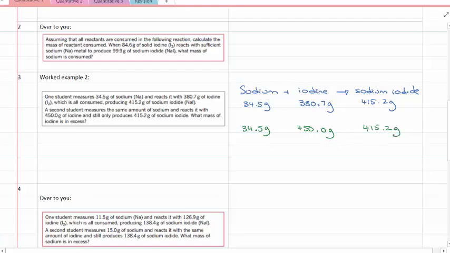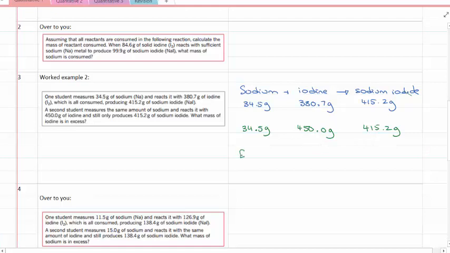Okay, so the fact that we're getting the same mass of sodium iodide produced means that in this equation over here, we had exactly the right amount of sodium to react with all of this iodine and produce this much sodium iodide. Now, in this case, we've got more of the iodine, but we've still only produced the same amount of sodium iodide.